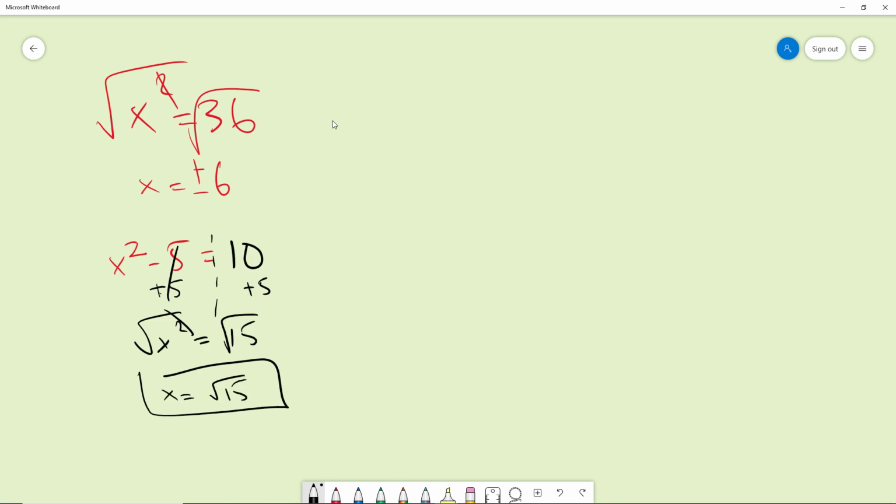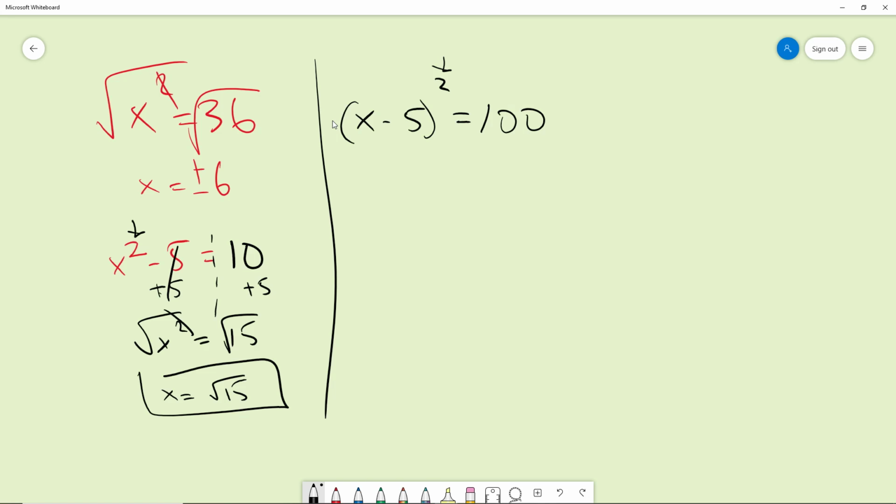The similar one that you would see to that is you might see something like this. And let's make this a nice whole number. I know this was 10, but now it's 100. Wow! So this is a new example. But here, now the power of 2 is not just on the x, like it was here. Now it's way over here on the bunched two terms that are connected inside. So here you do the root first.